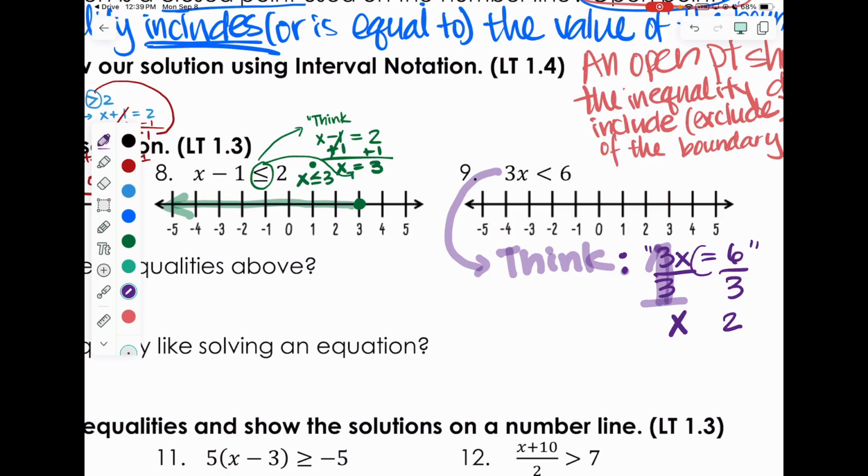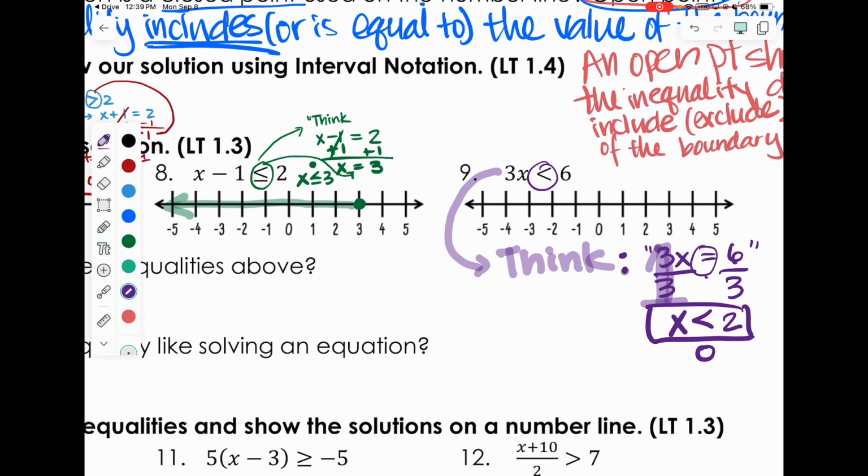So is it an equal sign or a different sign? Less than sign. I need to make sure it's showing this, not the equal sign, okay? Open or closed? Raise your hand. Mia, open.